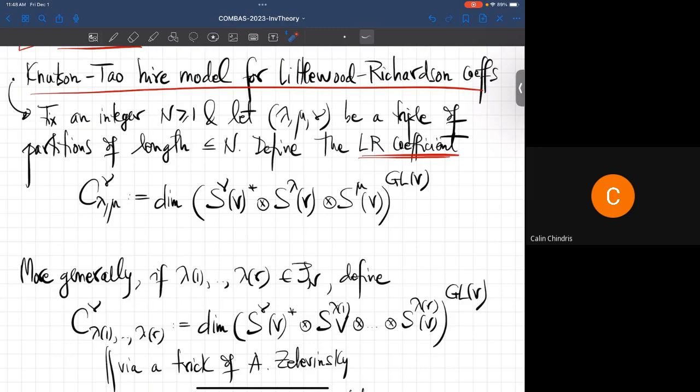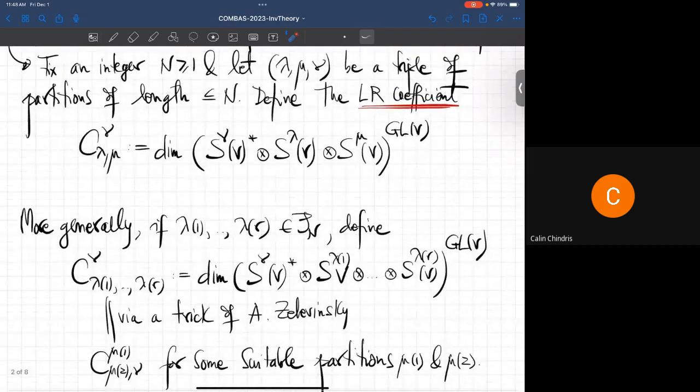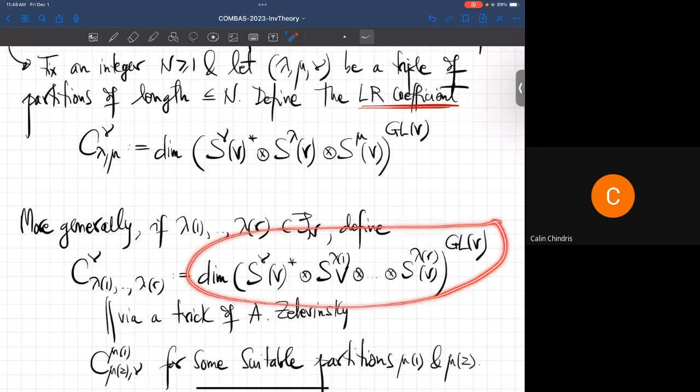More generally, if you have a sequence of partitions, lambda_1 through lambda_r, all of length at most n, then you can define the multiple LR coefficient, which is defined very similarly, according to this formula. And this multiple LR coefficient turns out to be, again, a single LR coefficient.